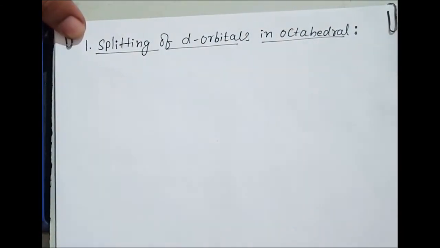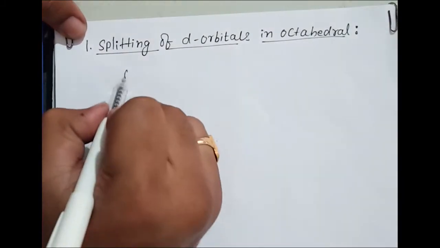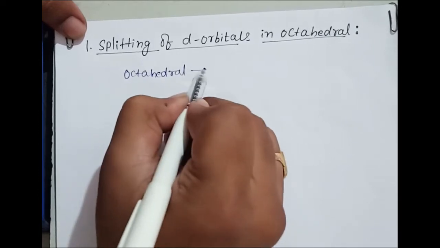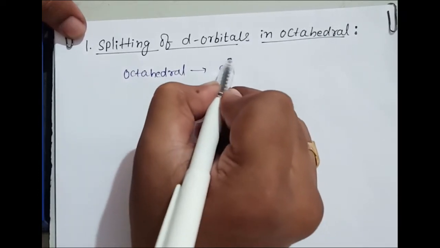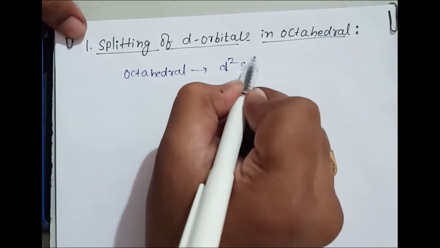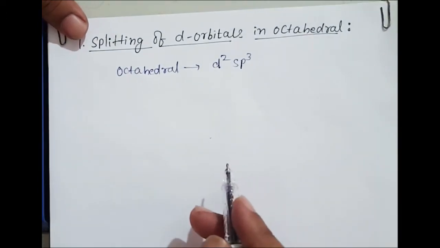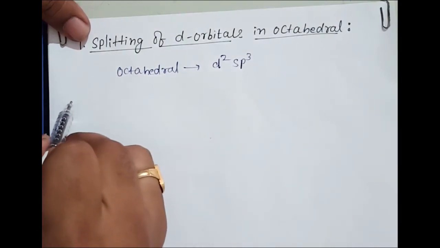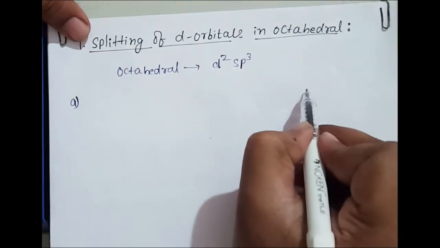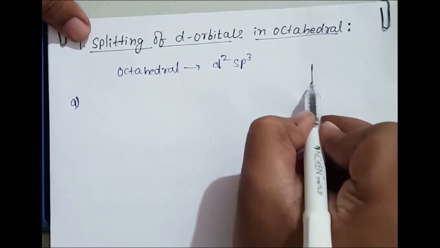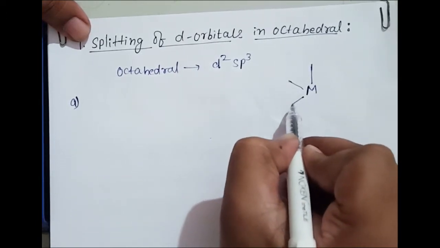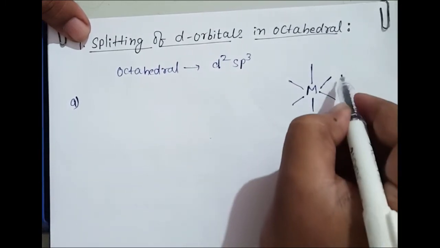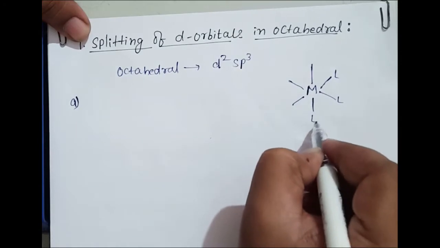In an octahedral system, the hybridization is d2sp3. Here 2 points are very important. The first one is structure. Structure is octahedral, which means here the metal has 6 ligands. You all know what an octahedral structure is. So this is the octahedral structure.